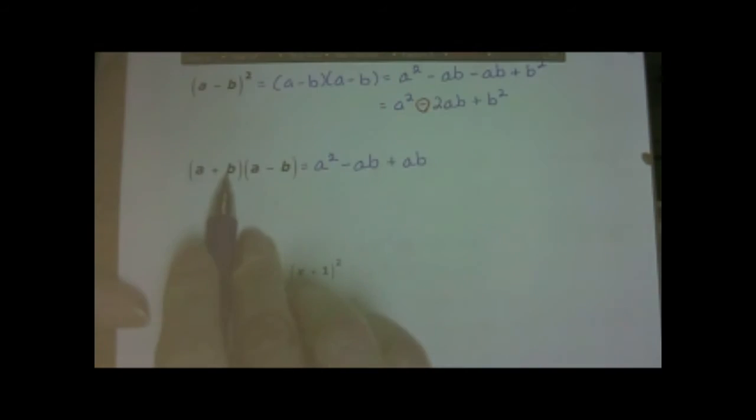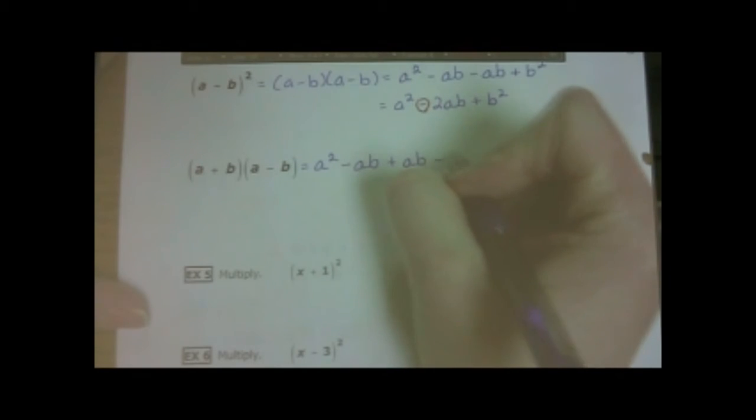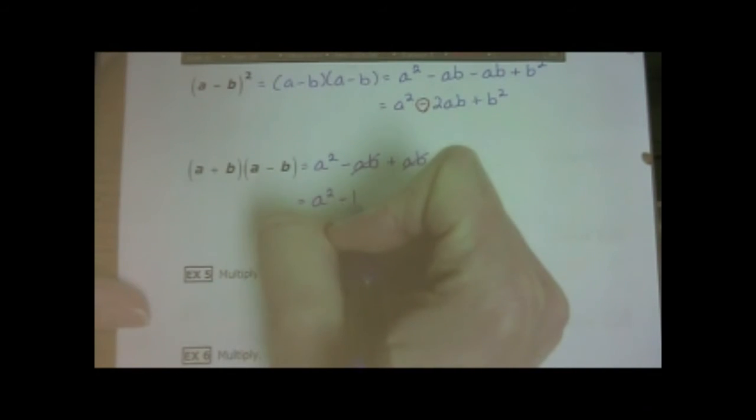And the last, b times negative b is minus b squared. And notice, the inners and outers cancel each other. And so our answer is a squared minus b squared. And that's what's going to happen if your two binomials have the same two terms, but one is plus and one is minus. And you may remember this from Algebra 1.